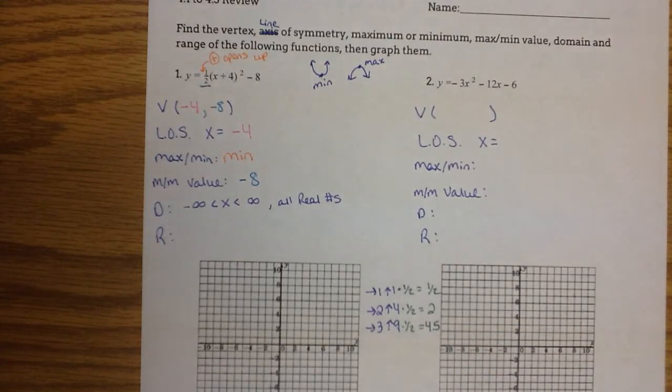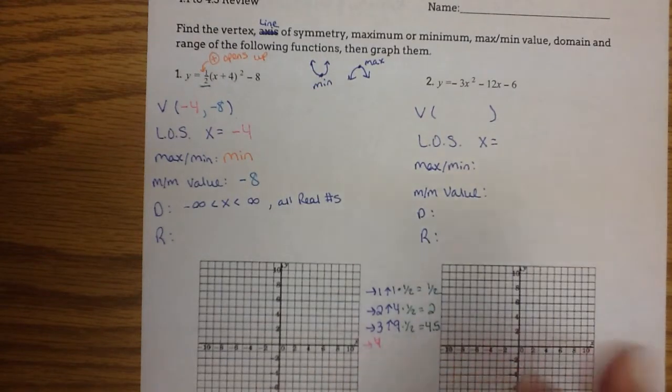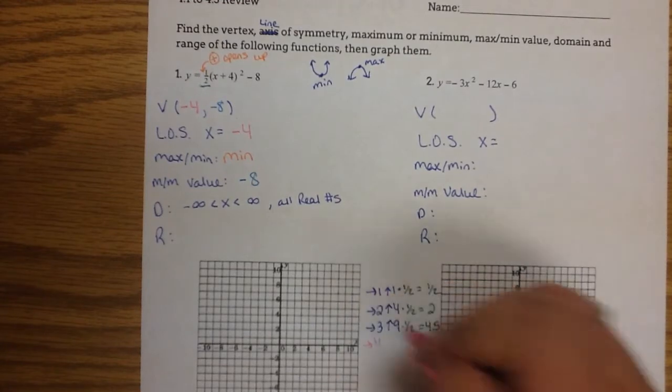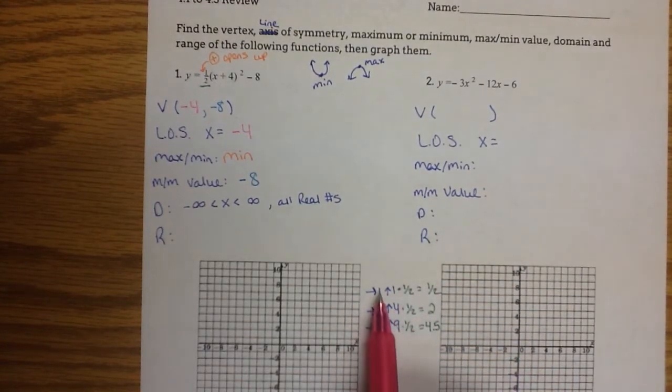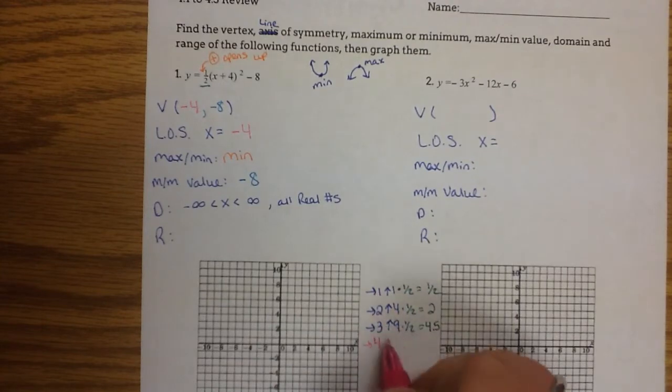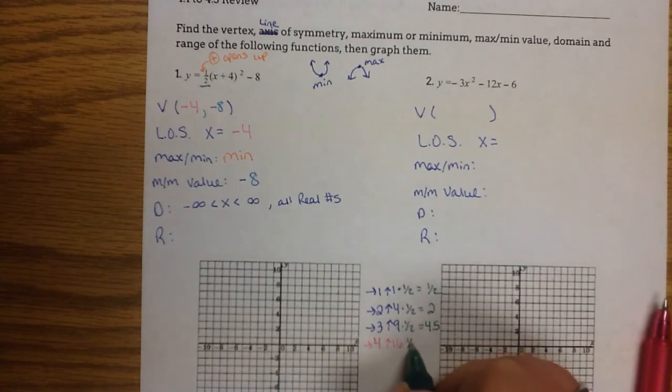Okay, I really don't feel like graphing those fractions, so I'm going to go right 4 and up how many? Well, notice all of these were squared to get the second number, so we'll be up 16. If I multiply that by 1/2, I get 8.